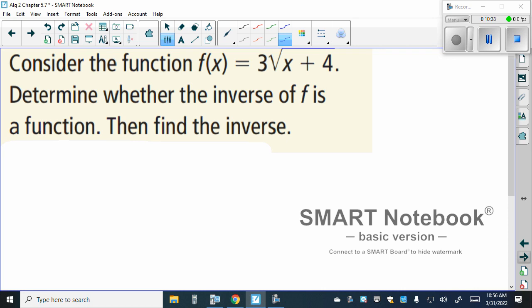Let's look at this one here. F of x equals 3 times the square root of x plus 4. So we can first replace f of x with y: 3 times the square root of x plus 4. And then we would switch x and y.